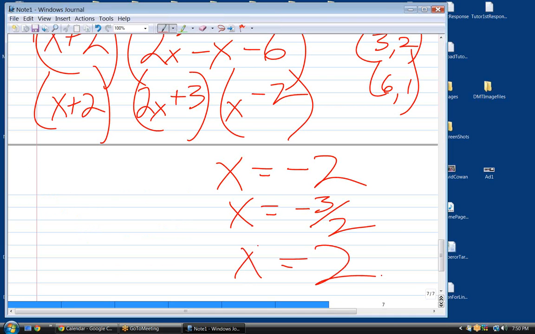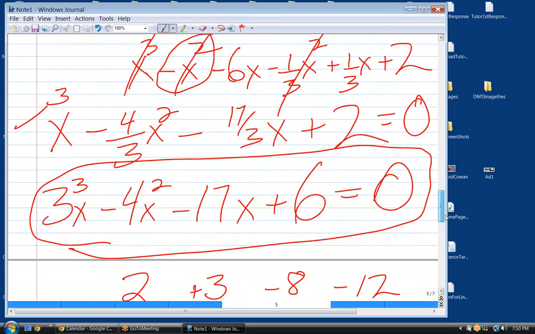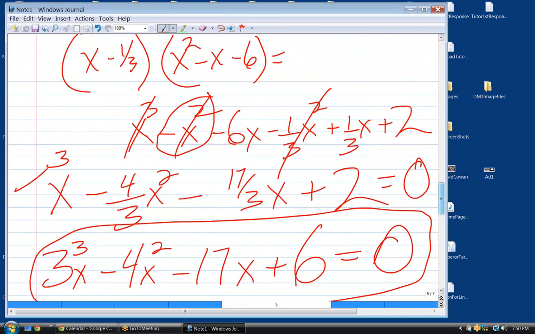In other words, if you start with a cubic and you know one of the zeros, you're going to be able to divide that zero into the cubic to come up with the quadratic. It always reduces it by 1. If you start with a quartic and you divide it by a linear factor, you'll be left with a cubic.